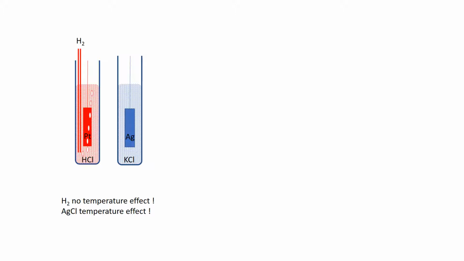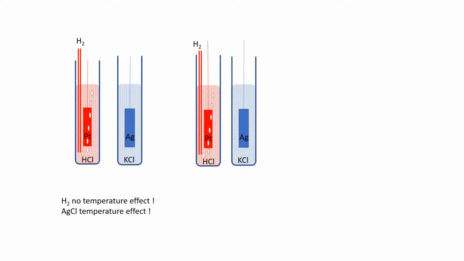By definition, the hydrogen potential has no temperature effect. That means if there are different temperatures, all the influence is attributed to the other reference electrodes or other conversions. That means the silver chloride potential is temperature dependent.